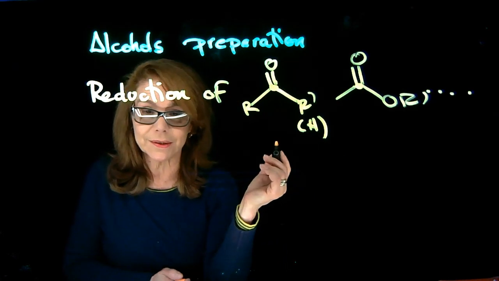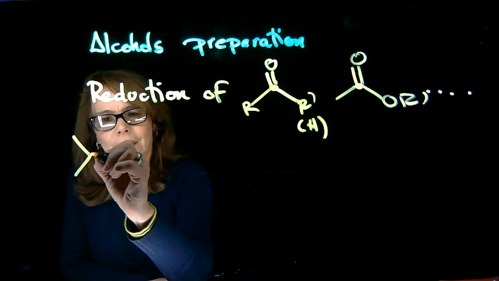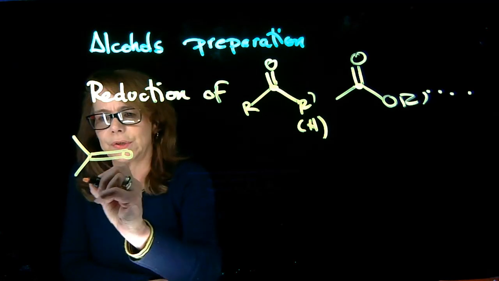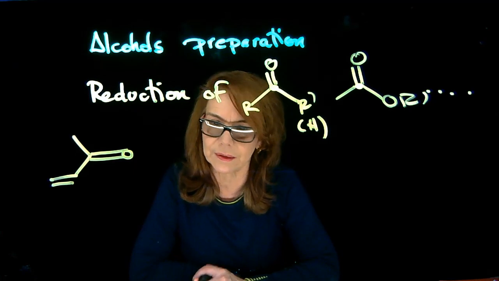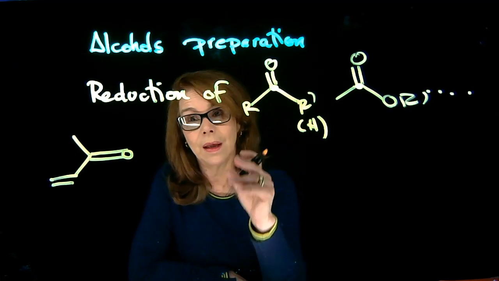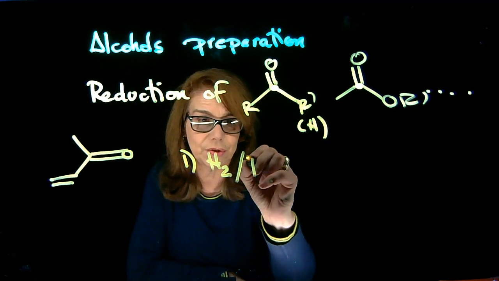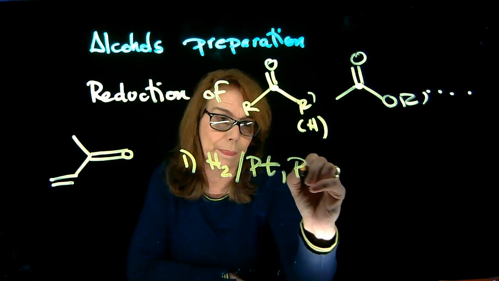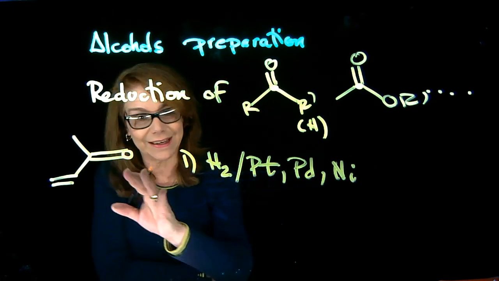So one method of doing that is simply a hydrogenation reaction. Let me do a molecule that actually contains an alkene and a ketone. In catalytic hydrogenation, you could use platinum, palladium, or you can also use nickel. The problem with that is that it's not selective.